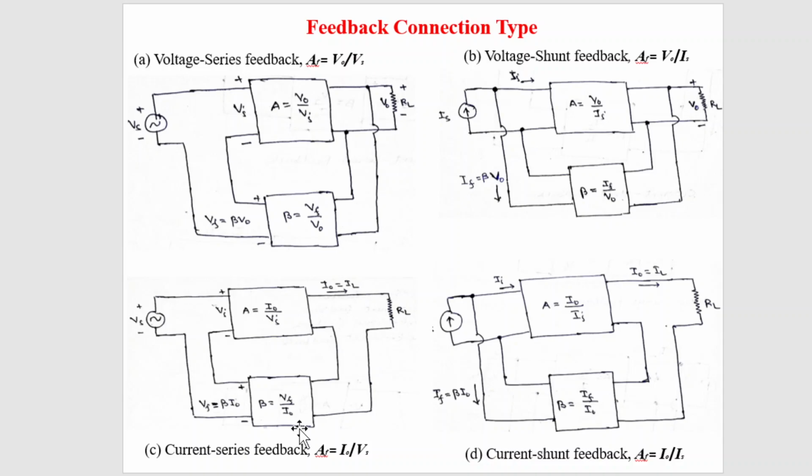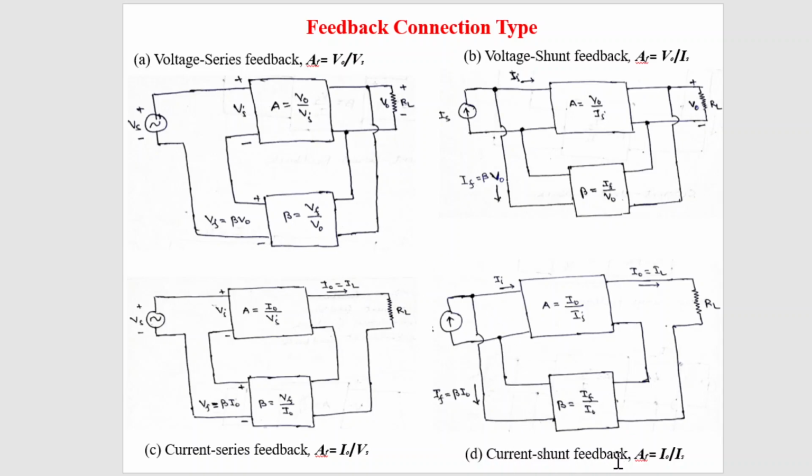Now the fourth connection type is current shunt feedback. That means at the output we have a current, and shunt feedback means we take a portion of this output current and connect it in parallel to the current source, that is current shunt.